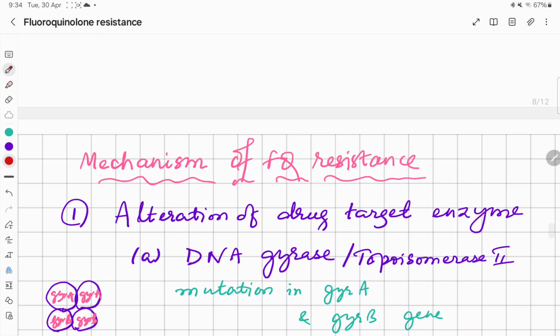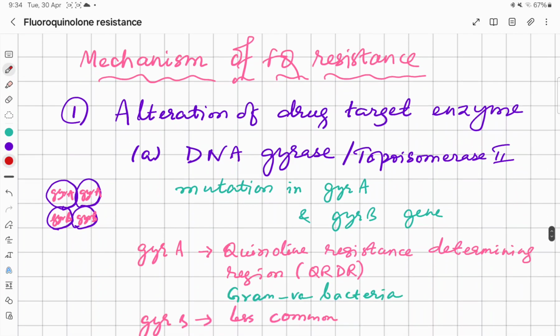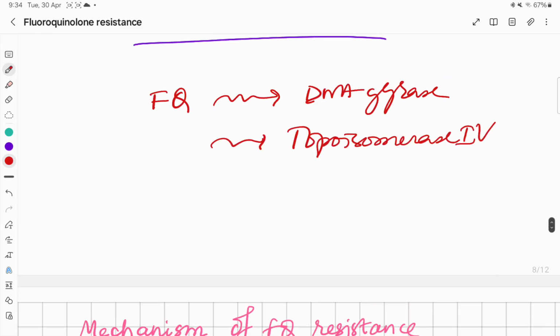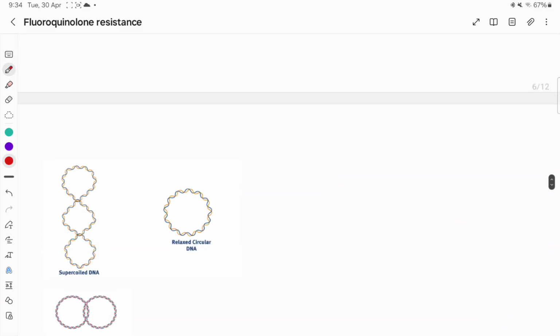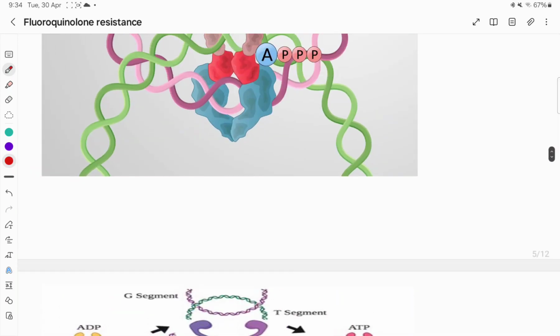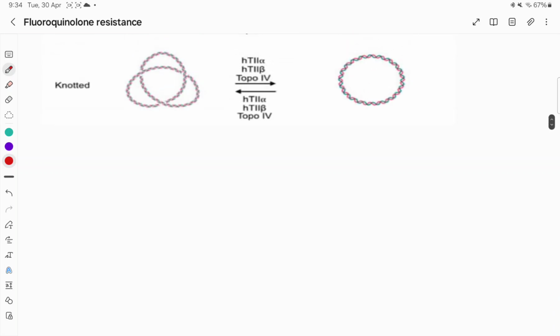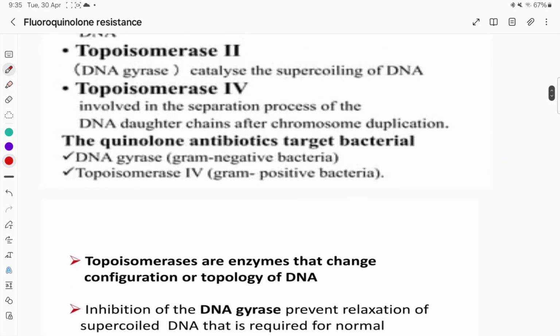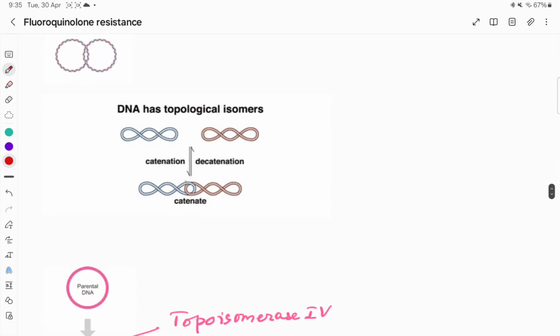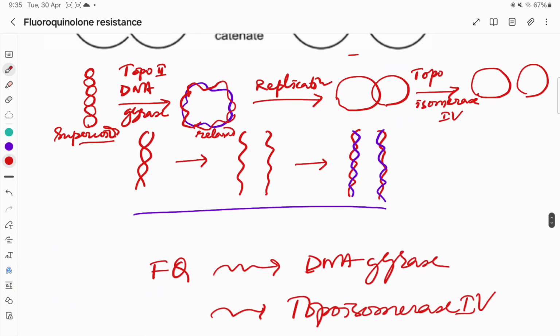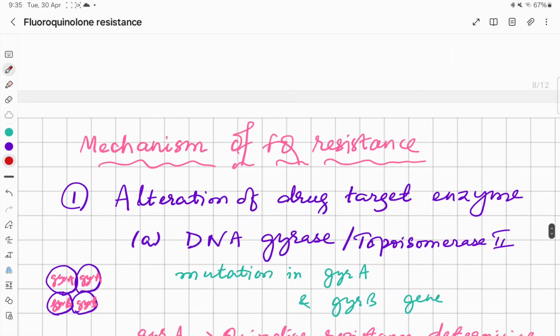So the mechanism of resistance: there can be alteration of the drug target enzyme, that is either DNA gyrase or topoisomerase 4. DNA gyrase has four parts. You can refer to our earlier classes on mechanism.